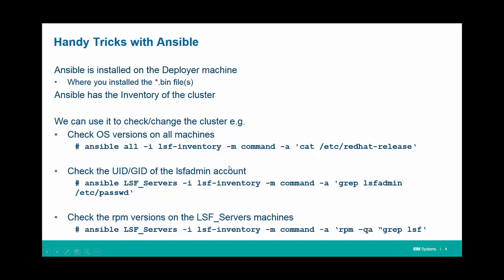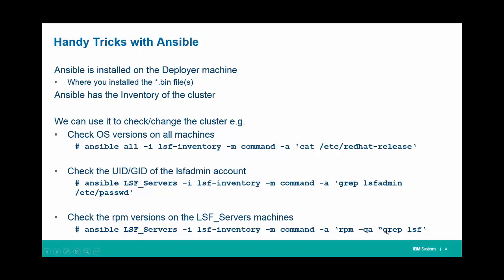In another example, I'm running the Ansible command again, but here I'm only running on the group of servers defined in the LSF_servers role from the LSF inventory file. Here I'm running a command and grepping for lsfadmin in /etc/passwd, just checking whether the lsfadmin user exists on all of the machines, and what the UID and GID are. Another example: here I'm running on the LSF servers the command rpm -qa and grepping for LSF.